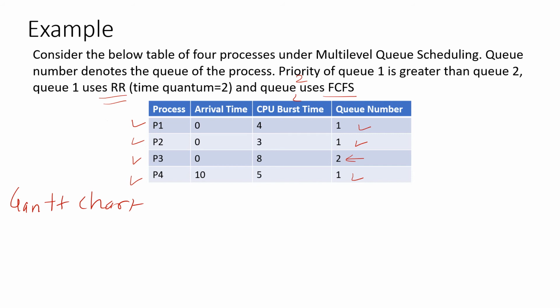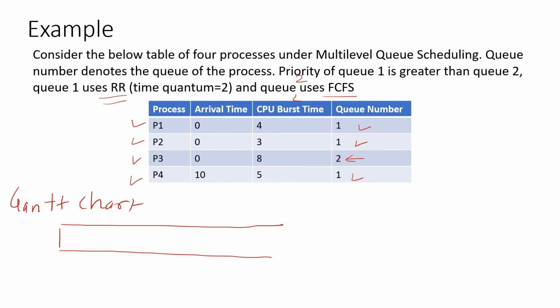At starting, both queues Q1 and Q2 have processes. The processes in Q1, that is P1 and P2, run first because of higher priority, in round robin fashion. So we'll draw this Gantt chart.